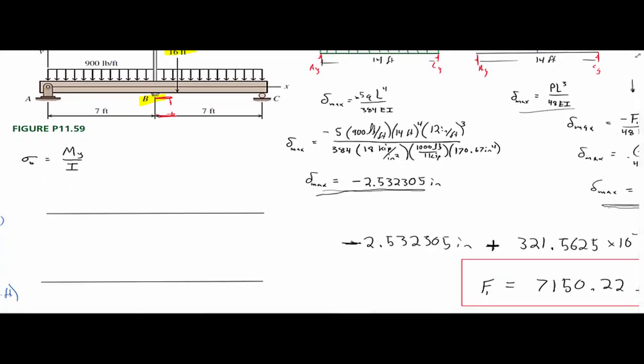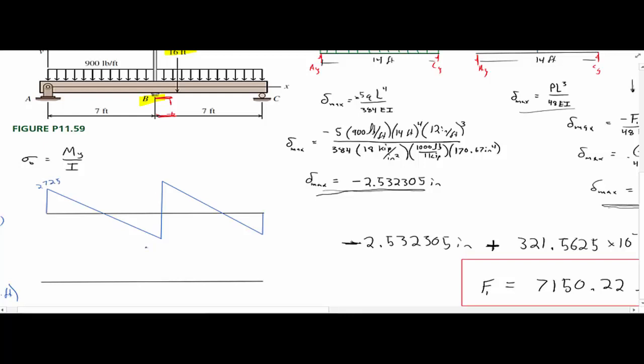At A, we go up, come down at B. We'll have a jump at B, and then go down again like this.